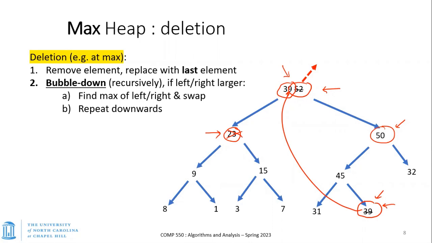In fact, there's perhaps a little bit more to be done because 39 is now right at the top and you have to bubble it down to make sure that the heap property is maintained. And that would still have to be done if you had replaced it with 50 up here. So that's not the reason.